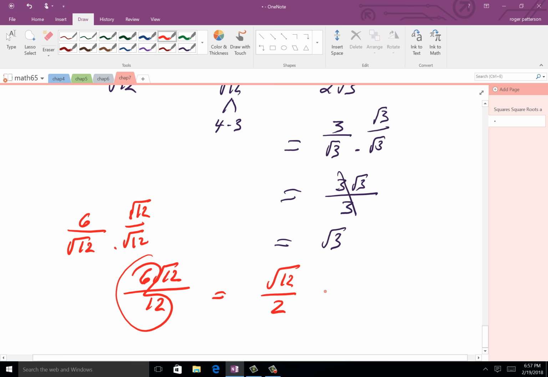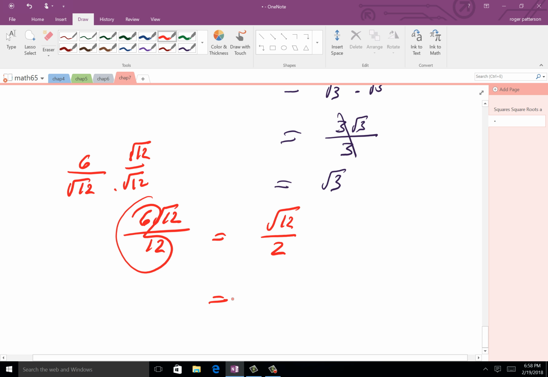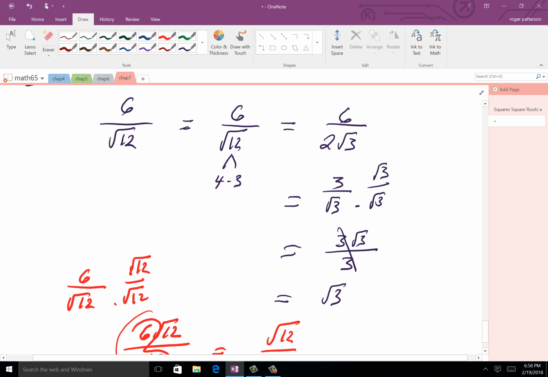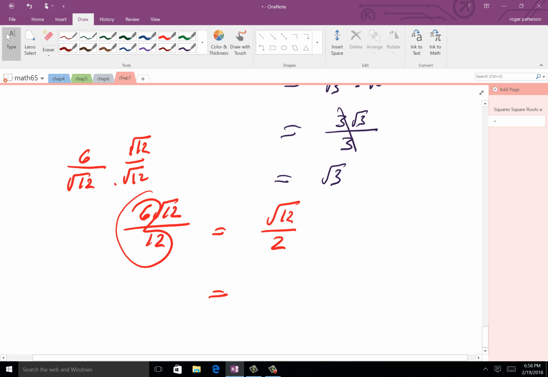But now the 12 can be simplified, and since we just did it up there, 4 and 3, so it'd be 2 square roots of 3 over 2, and then that breaks down. Okay, so we're getting the same answer. So I don't know if it makes a whole lot of difference stepwise. Maybe it's more work this way, but again, I think you just find your way that you like to do it and do them that way. Because whatever makes it more successful and easier for you.